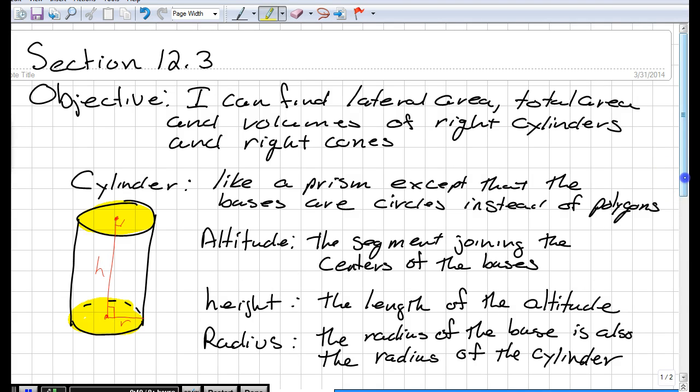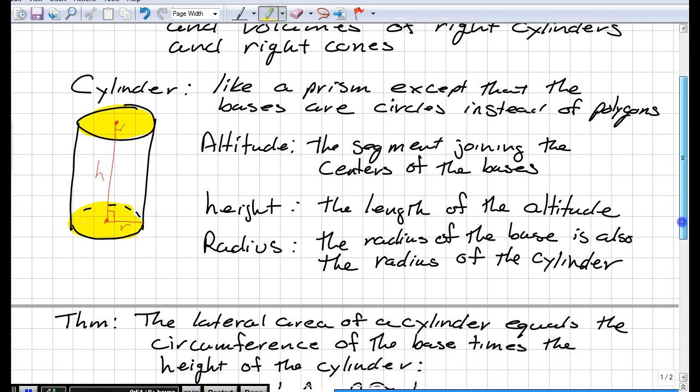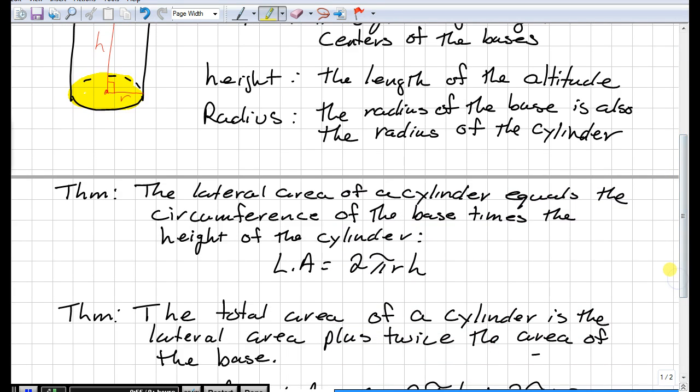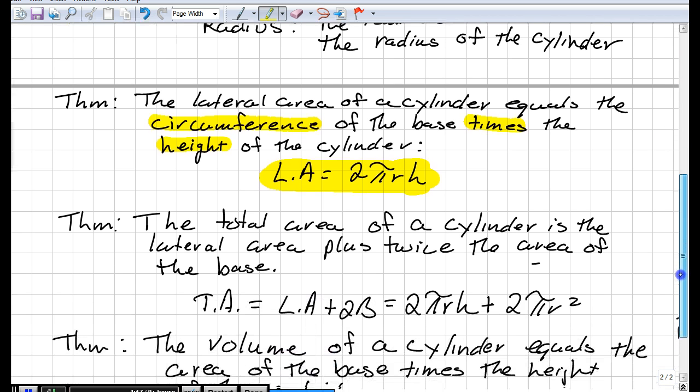And so the formulas then, the first one is the lateral area of a cylinder equals the circumference of the base times the height of the cylinder. So lateral area is 2 pi r times h. Okay, so that's the formula for lateral area.